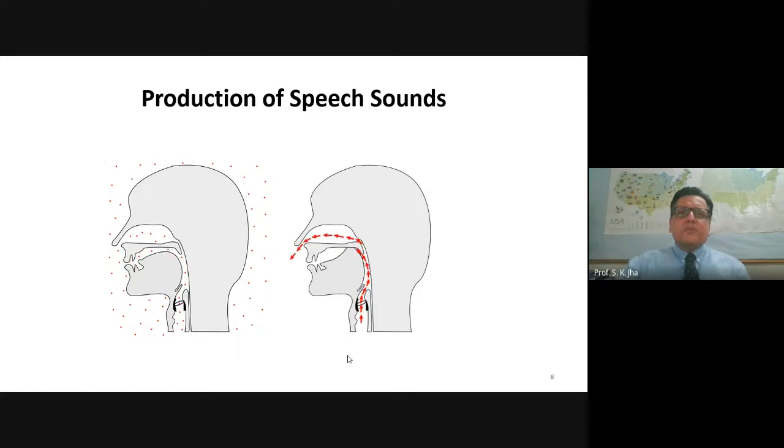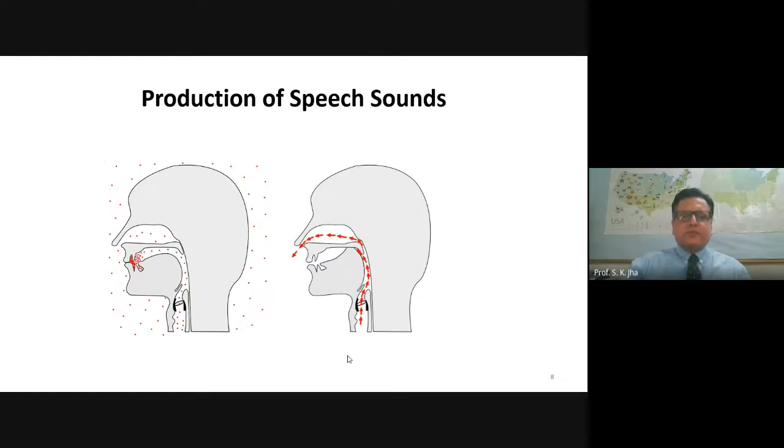So to produce any speech sounds, what do you need? You need to have air in your lungs. Then we compress the air in our lungs and the air is pushed upwards through the vocal cords.